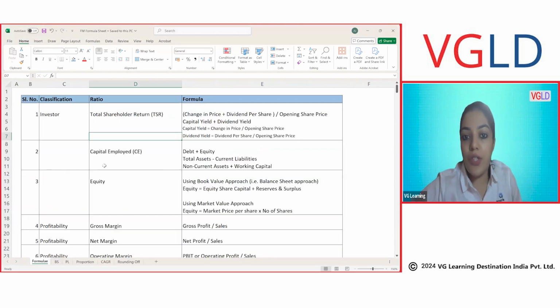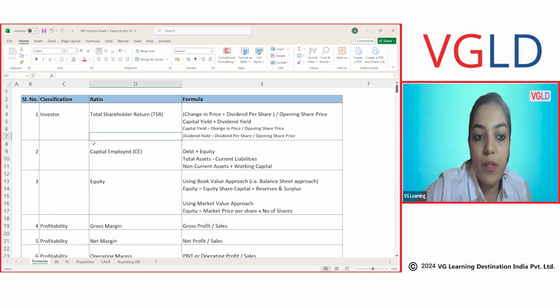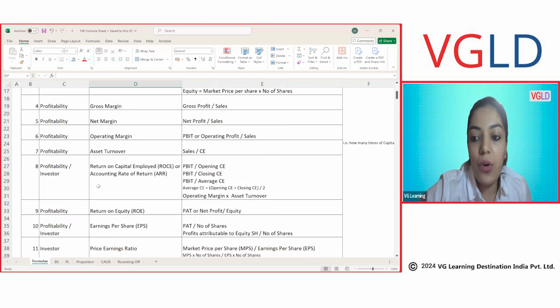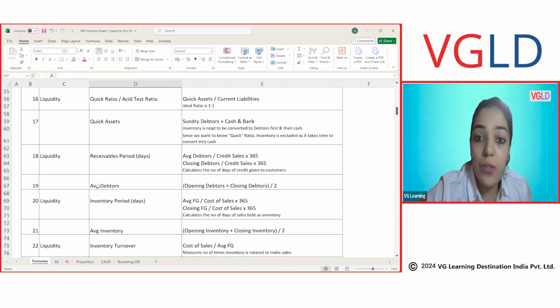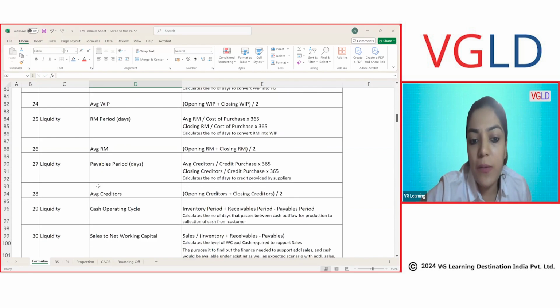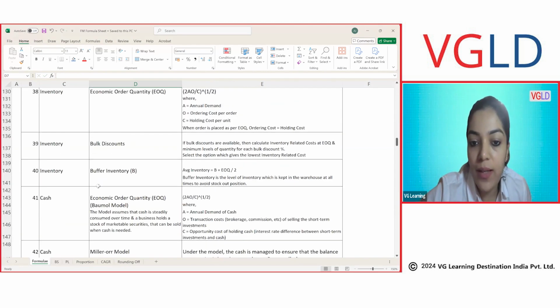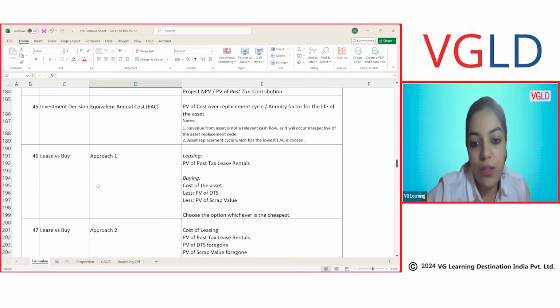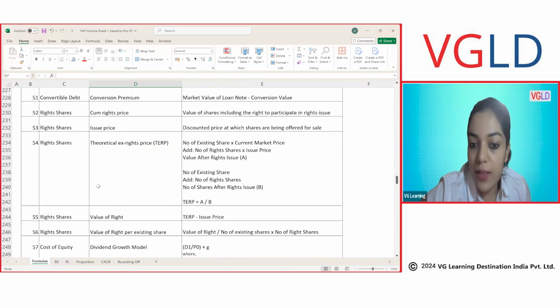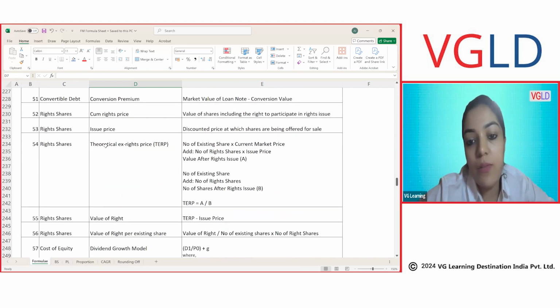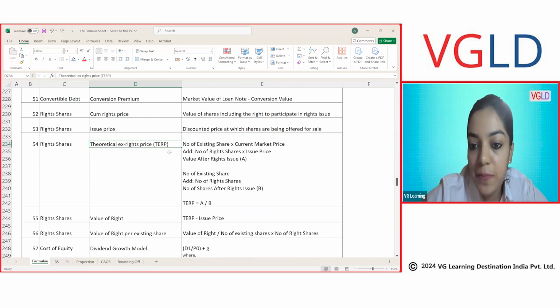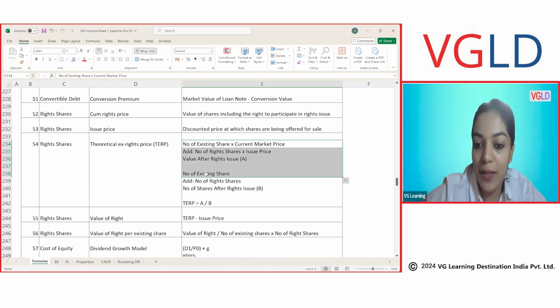So, this is a formula sheet which I will be sharing with you. And I've compiled all the formulas, the very simplest formulas and some complicated formulas also, which you're going to learn as a part of your syllabus in this sheet. And I'll tell you, it has helped so many students. See, just today we were doing this, the ex-rights price. You did it logically in your mind.